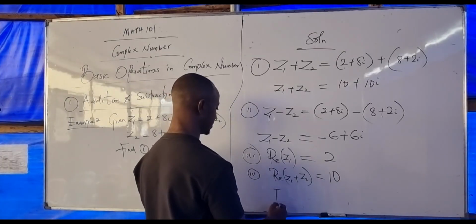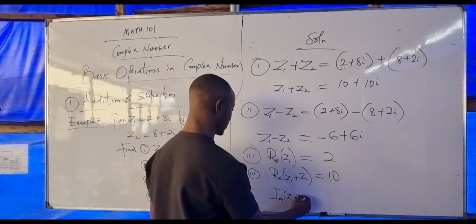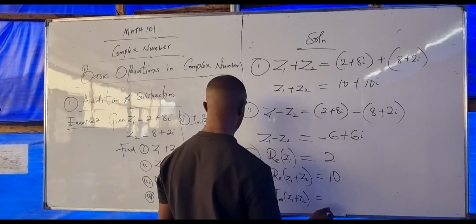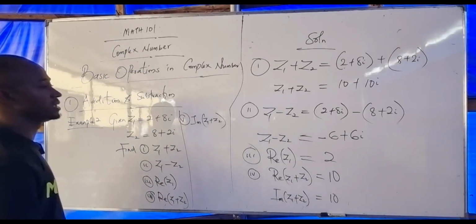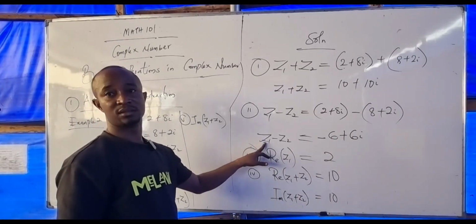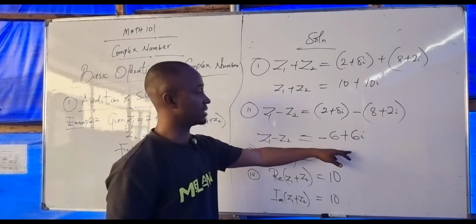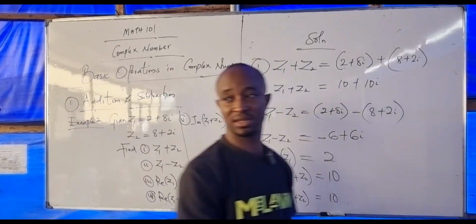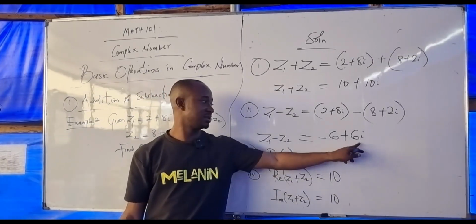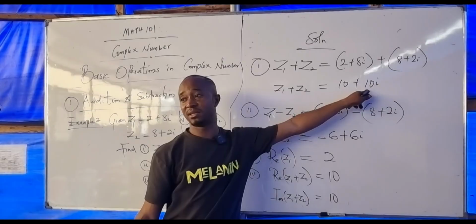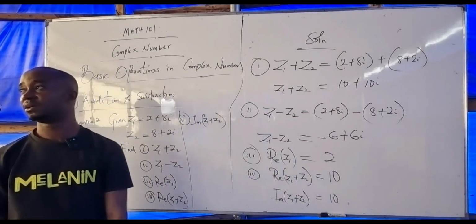The imaginary part of Z1 plus Z2 is 10 also. What is the real part of this? Minus 6. What's the imaginary part? 6. Bring out the imaginary value, don't include the i, just the 6. Or for this, 10. Exactly. Yes.